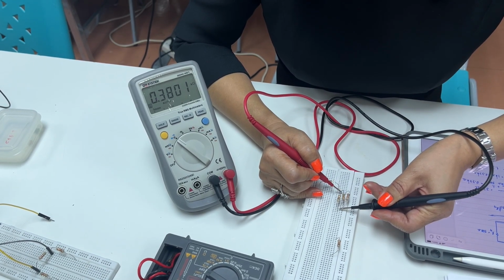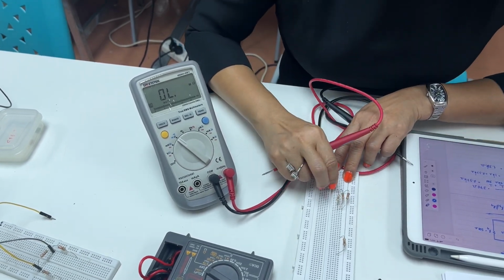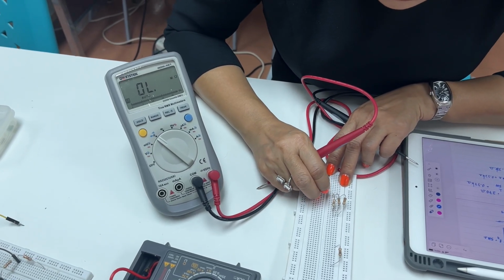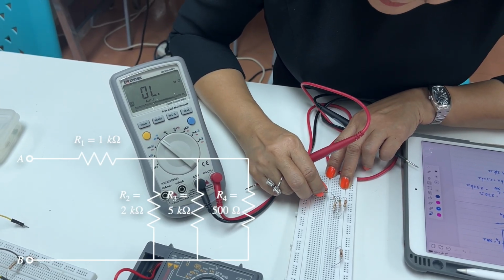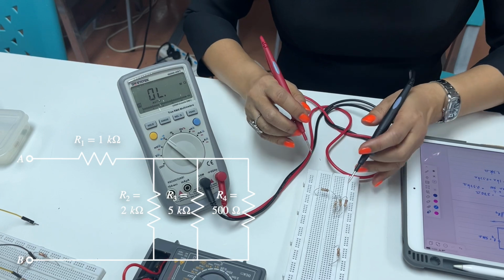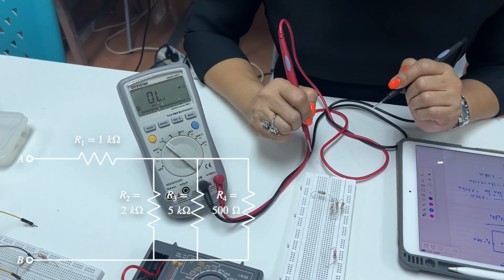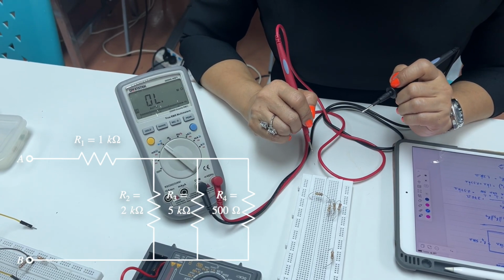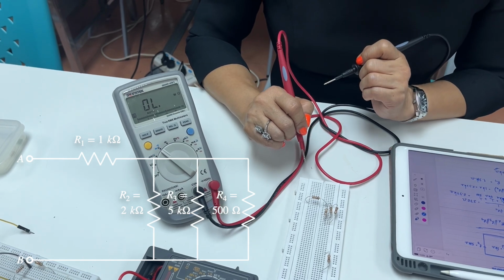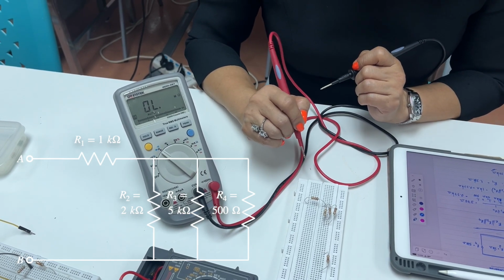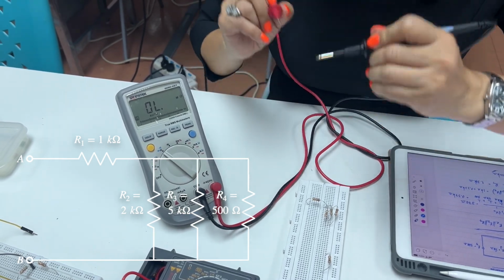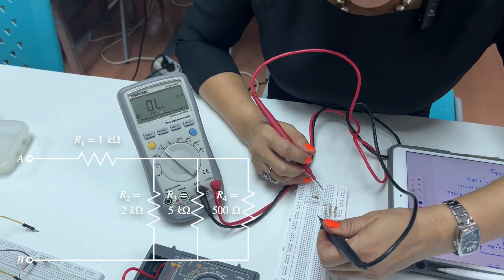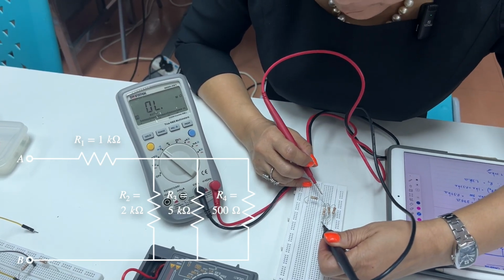There you go. Now I'm going to connect this 1K in series with these three resistors in parallel. Our calculated answer was that the value of R total is 1.37, so let's hope that it will be 1.37 k ohms.